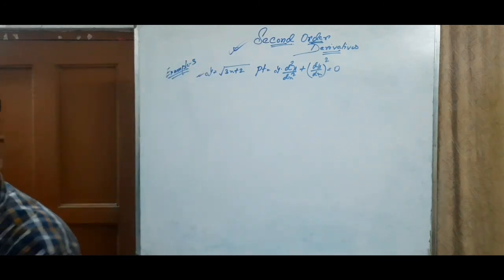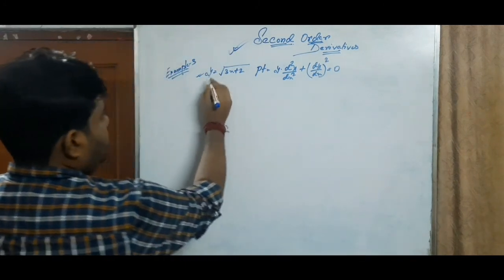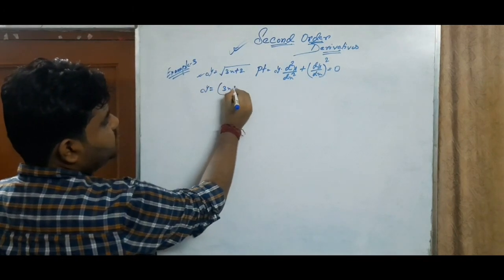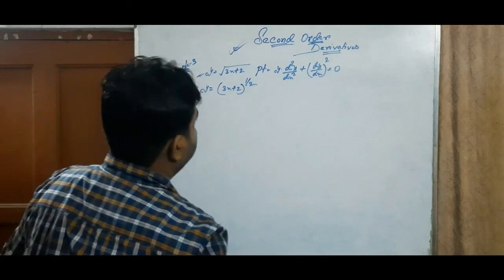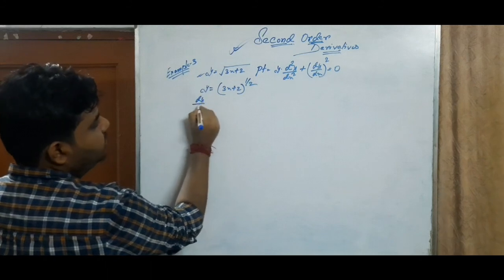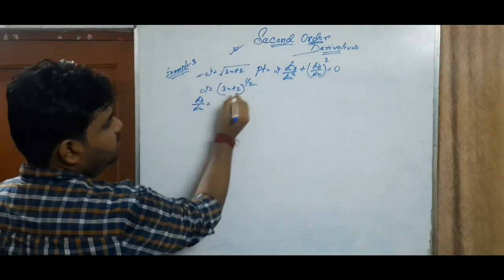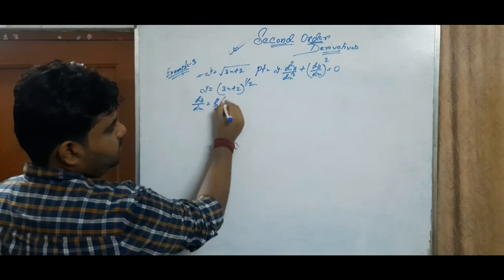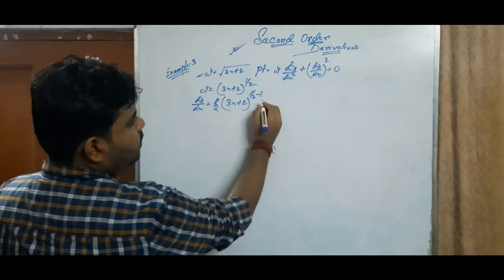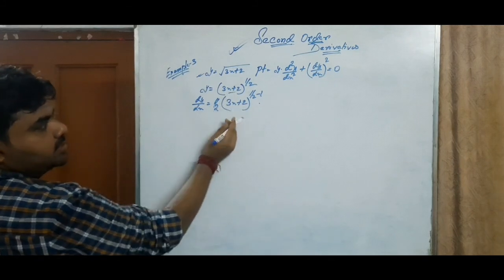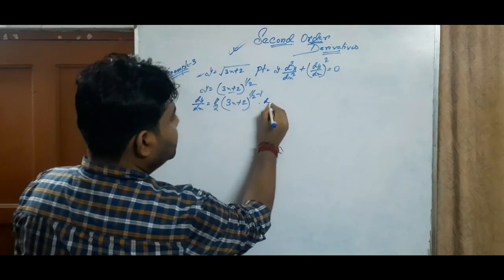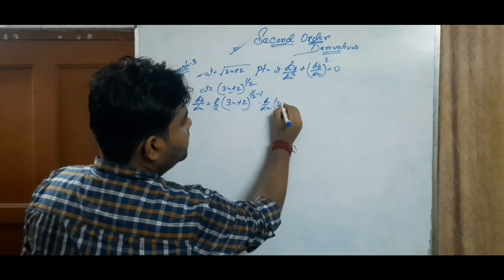Now we can write y equals to 3x plus 2 whole to the power half. Okay, now the first order derivative, that is dy by dx, that will be, first the power will come 3x plus 2 half minus 1. Now the chain rule, this is not x, this is 3x plus 2. Now we will have to differentiate 3x plus 2 separately.